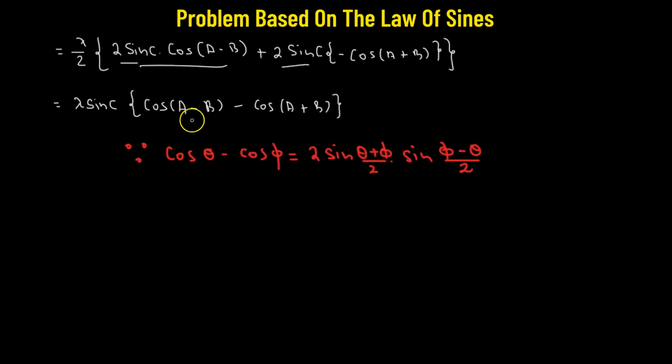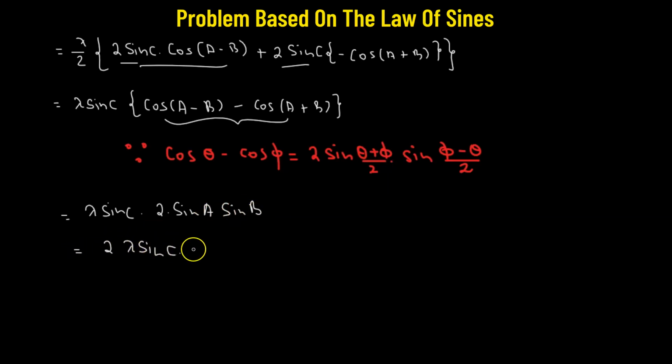So if we consider theta to be equivalent to a minus b and phi to be equivalent to a plus b, then this will combine. So we have lambda times sine c multiplied by 2 times sine of a minus b added to a plus b, that leaves us with 2a divided by 2, which gives us simply a. And then we have sine of b. Fine. So what we have obtained here is 2 times lambda sine c multiplied by sine a times sine b.